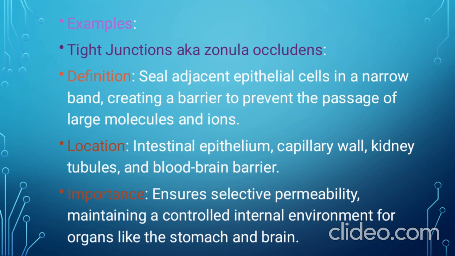They provide selective permeability, and they also maintain a controlled internal environment because of that selective permeability. They allow some smaller molecules to pass through, while large molecules are not allowed to pass through at all.